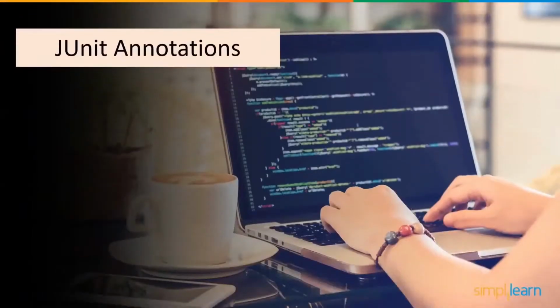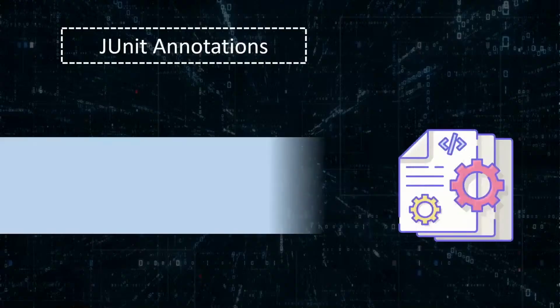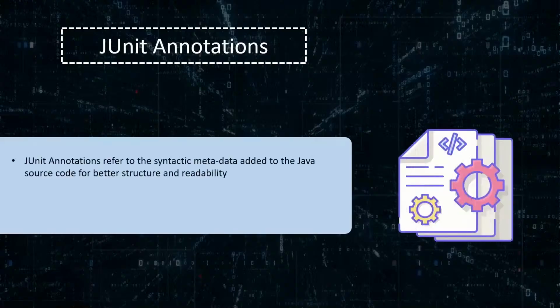Now let's talk about the JUnit annotations. We have already seen that the benefit of annotations is to provide metadata about the methods. Annotations refer to syntactical metadata added to the Java source code, so identification is quite easy. The overall structure of the source code can be done in a better way, and the readability is also good when we talk about annotations.